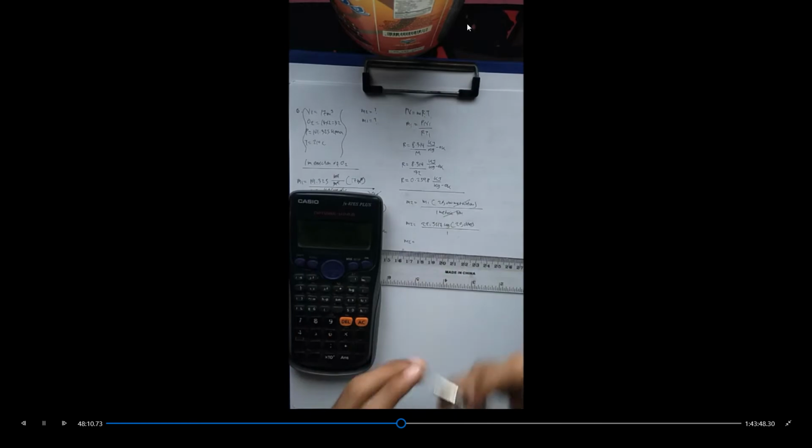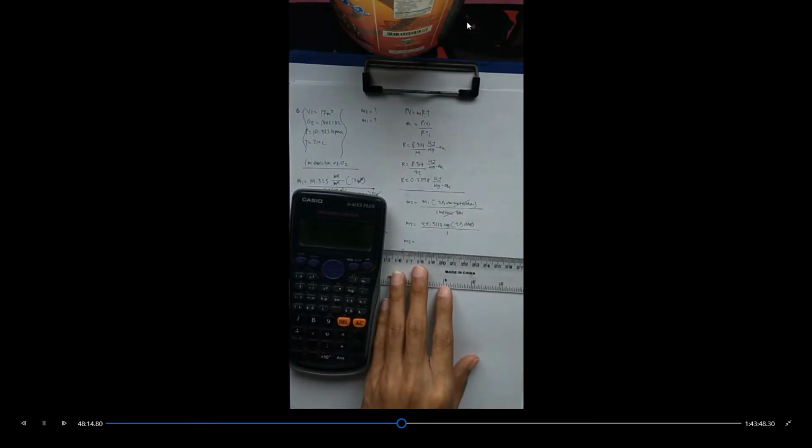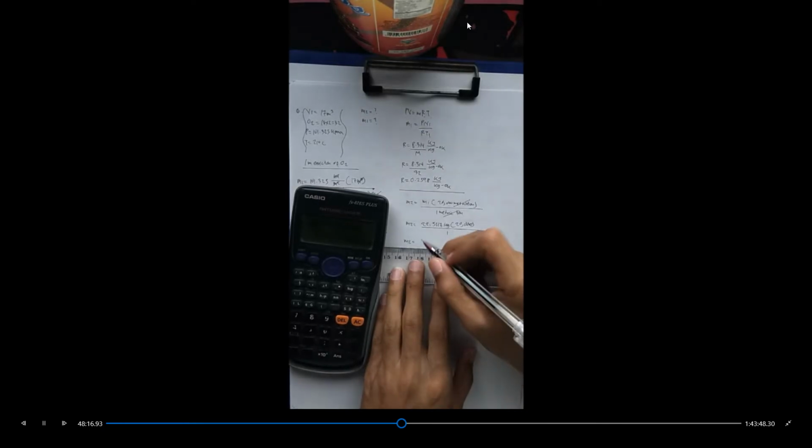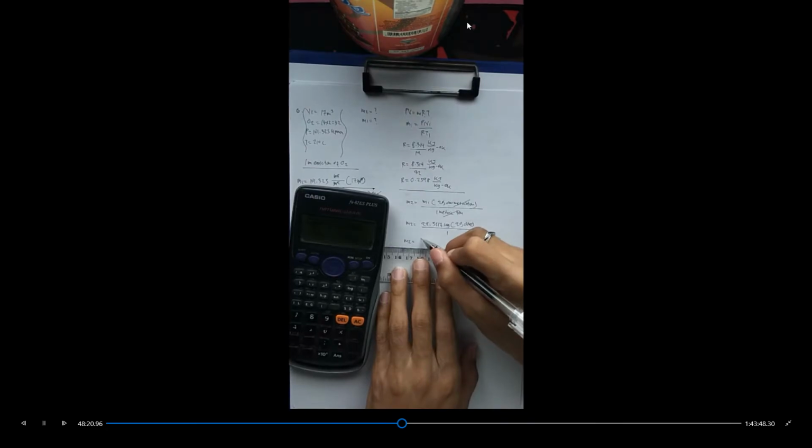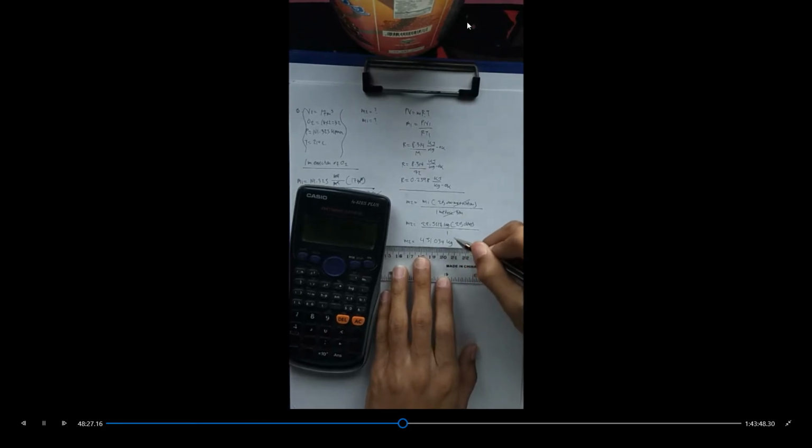That means the mass of oxygen that we are going to consume in processing 20,000 metric ton of steel is 451,034 kilograms. Alright, so that's for problem number 6.